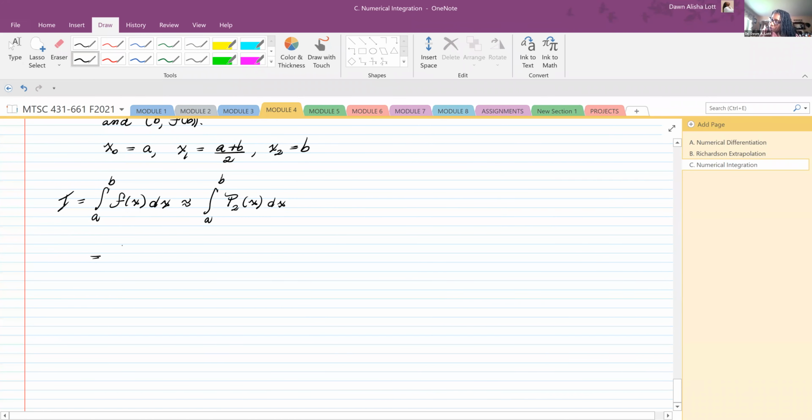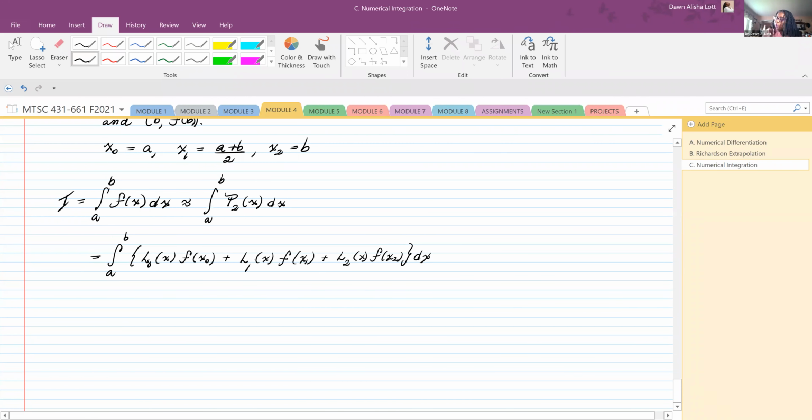This is the integral from a to b of L0 of x times f of x naught plus L1 of x times f of x1 plus L2 of x times f of x2 dx.